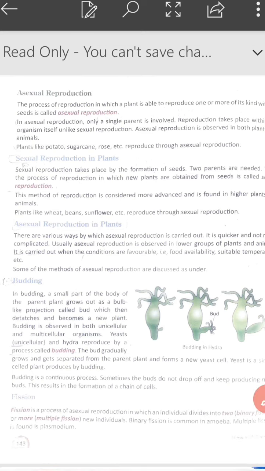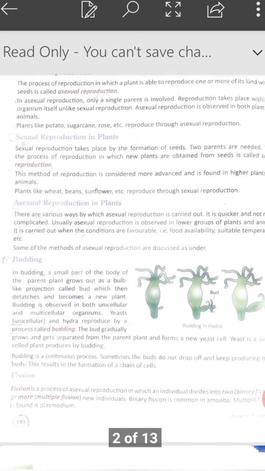So now we come to our next topic which is fission. What is fission? Fission is a process of asexual reproduction in which an individual divides into two or more individuals, means in the fission process one organism divides into two or more individuals.